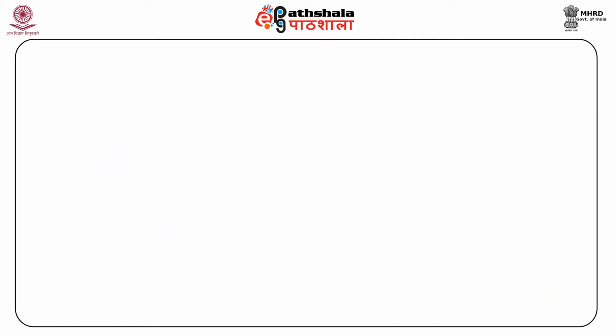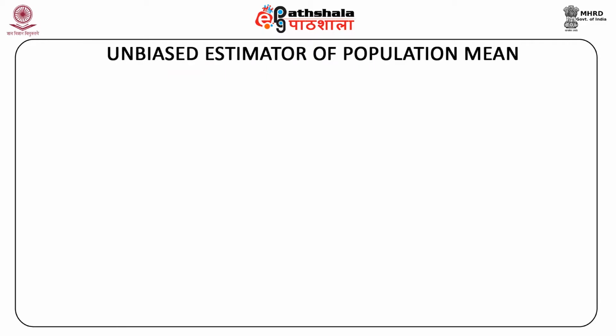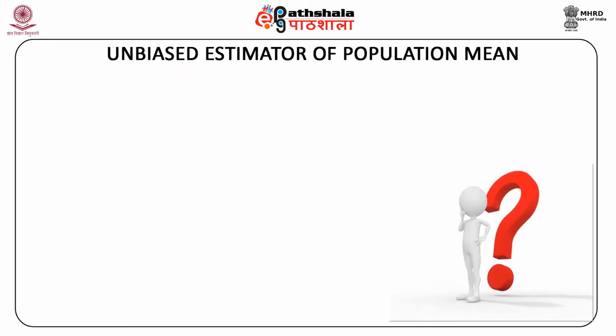Under the unbiasedness property, first we will discuss the unbiased estimator of population mean. An example of an unbiased estimator is the sample mean, which can be used to estimate the population mean.